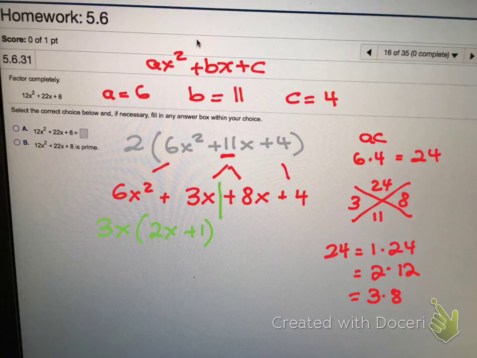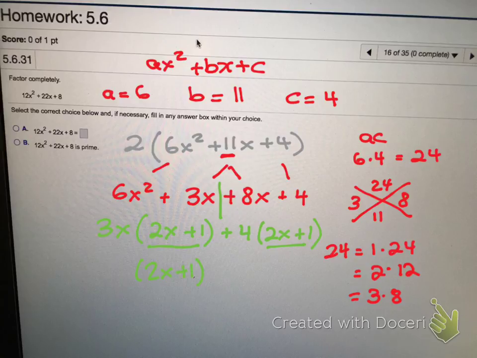Now we're going to factor the last 2 terms, and we have an 8x and a 4 here, and in between is a plus. The greatest common factor is 4. 4 into 8x is 2x. 4 into 4 is equal to 1. The parentheses has to be the same, so we write this out as 2x plus 1.